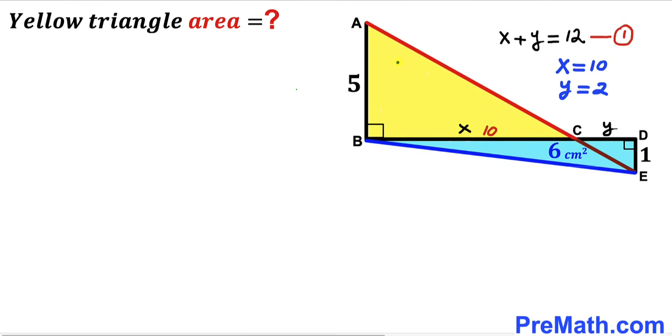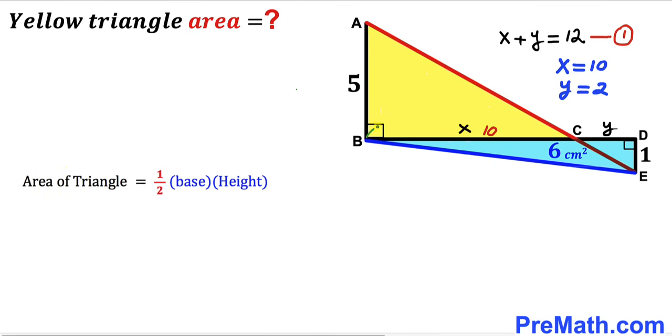And here's our final step. Now we are going to calculate the area of the yellow shaded triangle ABC. Let's recall the area of a triangle once again: area equals a half times base times height.